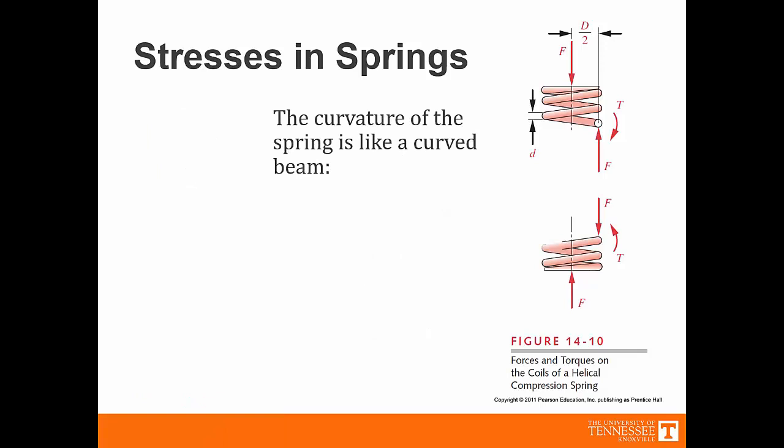Now there's one more aspect that's a little more complicated: the coil of the spring as it wraps around is not straight. Our assumptions were really that this coil behaves not as a curve but as a linear beam. Since that's not the case, we need to add the effect of curved beams.